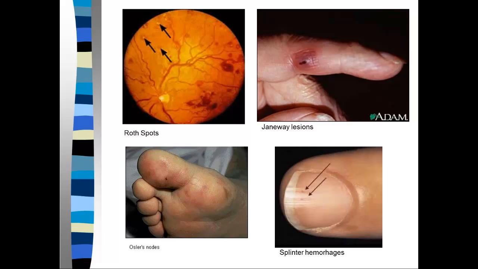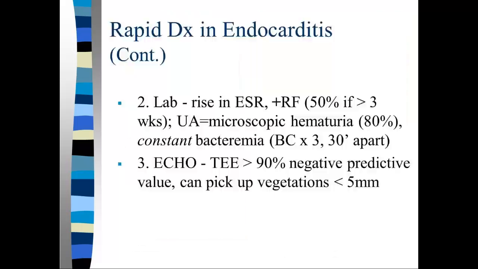Janeway lesions, again, are somewhat flat, and Osler's nodes commonly occur on the peripheral extremities. Splinter hemorrhages, most of us, if you look at your nail beds, have splinter hemorrhages. So I don't know. I have splinter hemorrhages, and I don't think I have endocarditis. But if I do, I hope one of you can take care of me.